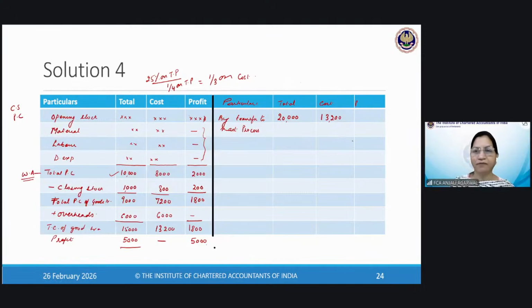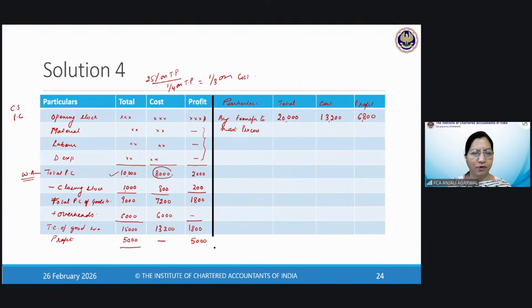So things will become very easy if you are doing your calculations properly mathematically. All that is required is the proportionate method. So if out of 10,000, which has a cost of 8,000 and an inter-process profit of 2,000, 1,000 of closing stock remains, that means the cost of that would have been proportionately 800, and there would have been an inter-process profit of 200.